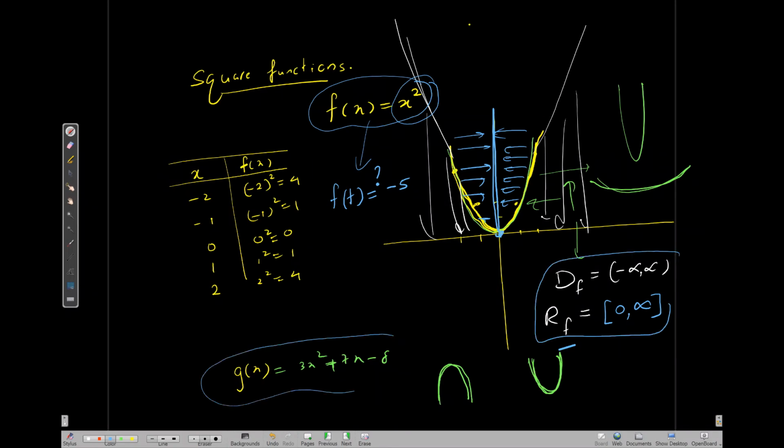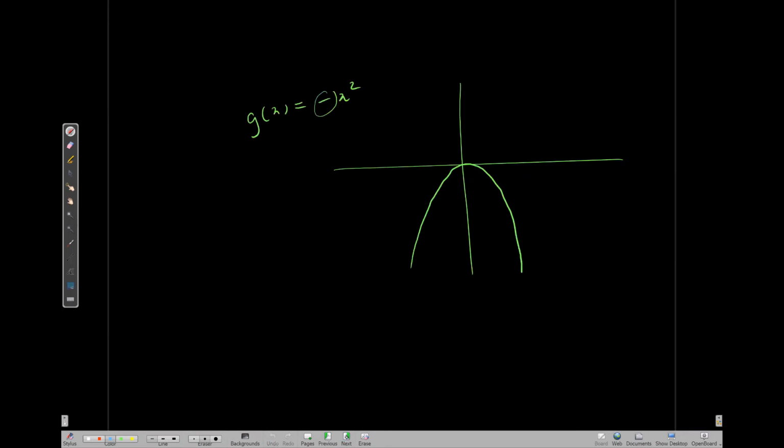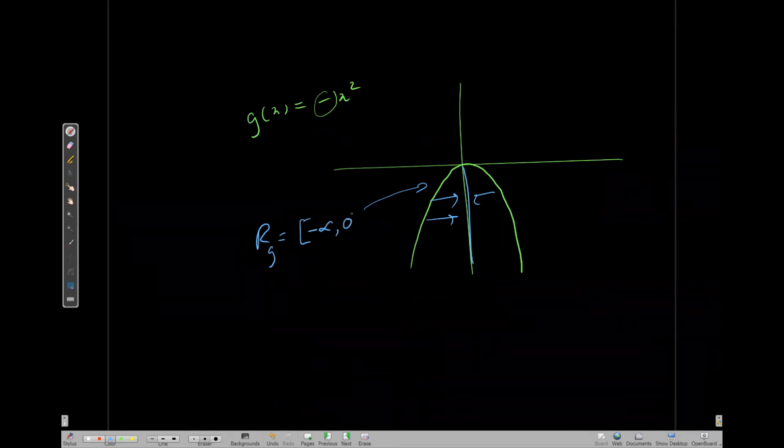Depending on your function, this domain will still remain the same, but the range, this number will vary. For example, let me show you. Here in this case, the range of g is not 0 to infinity, but 0 to negative infinity. Well, not 0 to negative infinity, negative infinity to 0. Normally we put the large number on the right hand side, so negative infinity to 0.